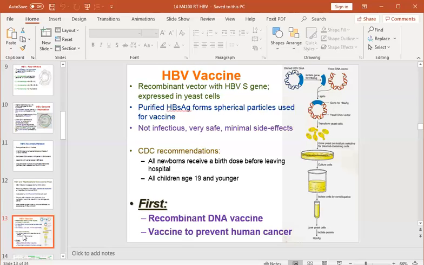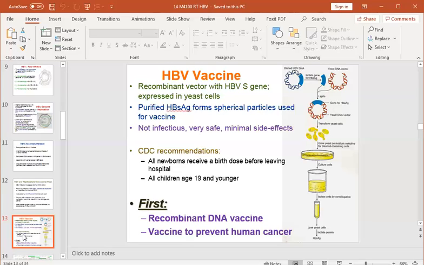The Center for Disease Control, or CDC, has some recommendations about HBV vaccination that are as follows. All newborns should receive a birth dose prior to leaving the hospital, and all children aged 19 and younger should also be vaccinated against HBV. The HBV vaccine is the first recombinant DNA vaccine.